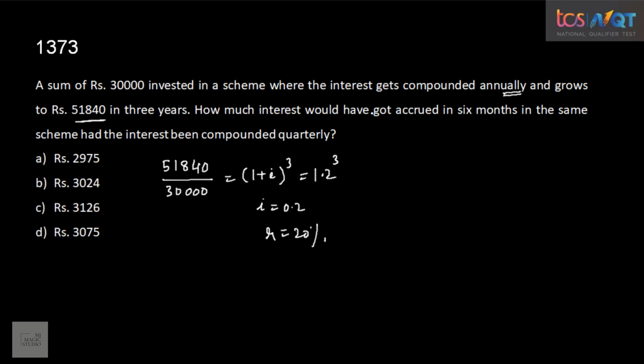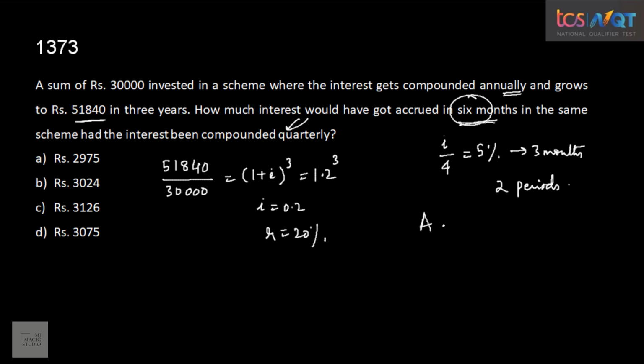How much interest would have accrued in 6 months in the same scheme had the interest been compounded quarterly? If interest is compounded quarterly, then the effective interest rate would be 5%, but that will be for 3 months. Now we need to find the amount after 6 months. 6 months means 2 periods of 3 months each.